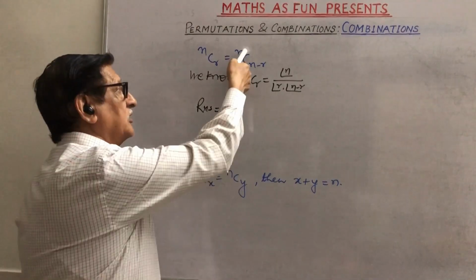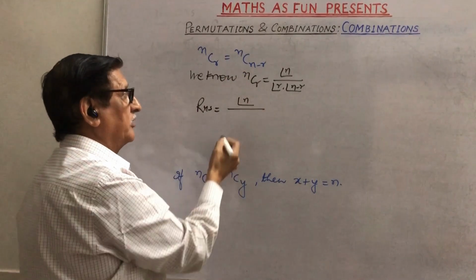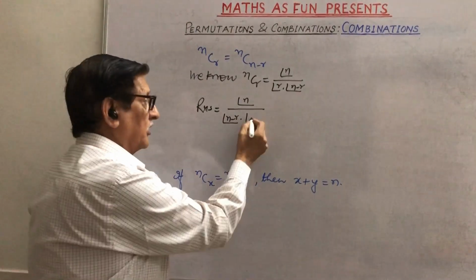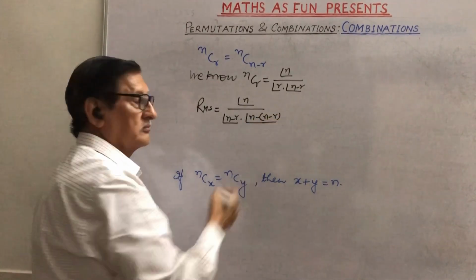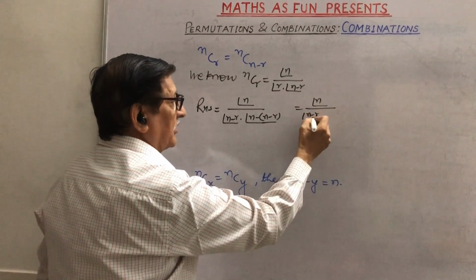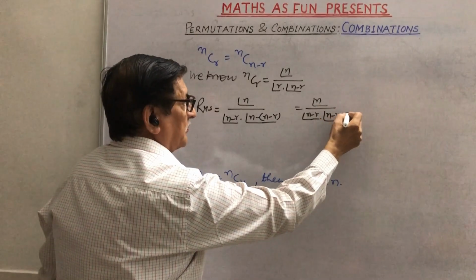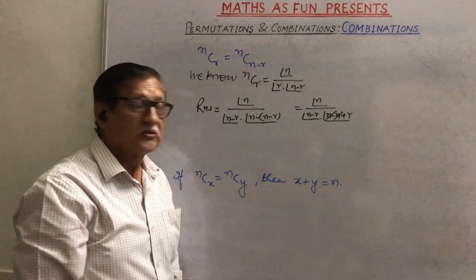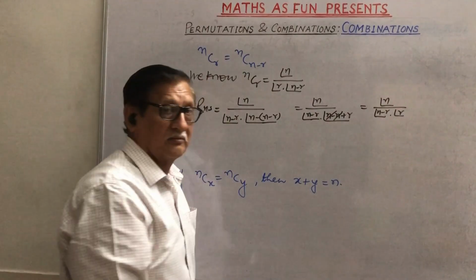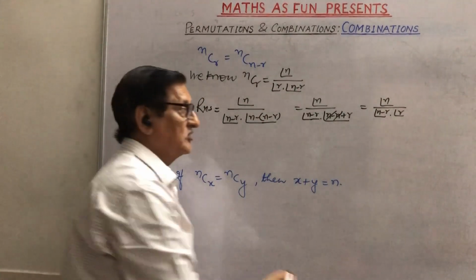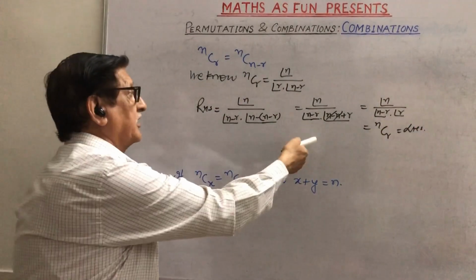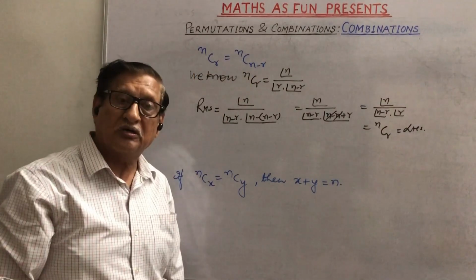If we apply this formula in this, will we get factorial n upon factorial n minus r, that is r, into factorial n minus r? Simplifying, we are getting factorial n upon factorial n minus r into factorial n minus n plus r, n and n cancel. So this gives us factorial n upon factorial n minus r into factorial r. Is it same as nCr? This is equal to nCr, which is the left hand side.